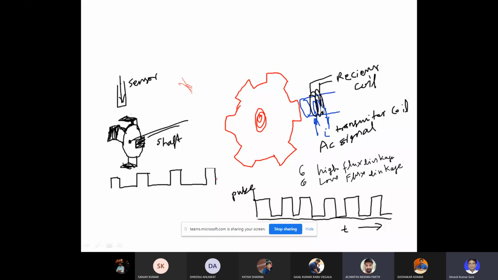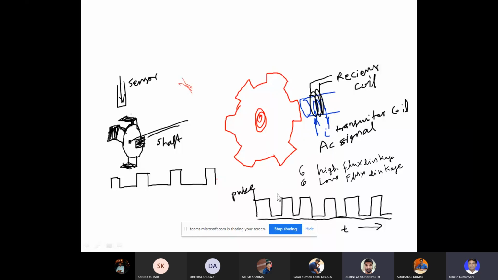So as a result, this secondary coil will have induced EMF, and thereby the induced current will be there. So there are total, you can see here in the planar type of disk, there are six projected portions and six cut portions.